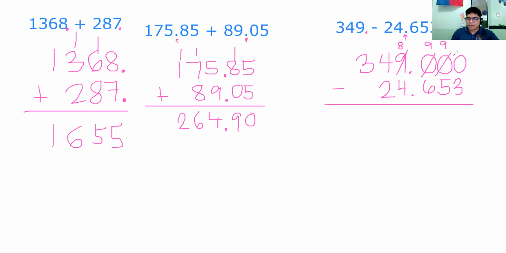This 0 will become 10. So 10 minus 3 is 7. 9 minus 5 is 4. 9 minus 6 is 3. 8 minus 4 is 4. 4 minus 2 is 2. And 3 minus 0 is just 3. And so we will have the answer 324.347.